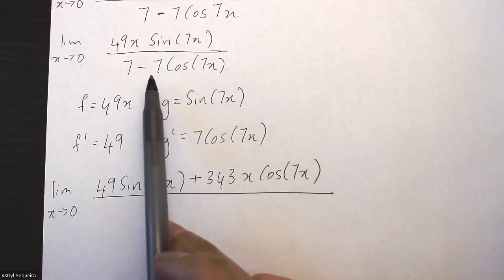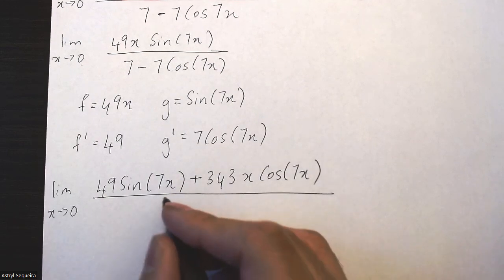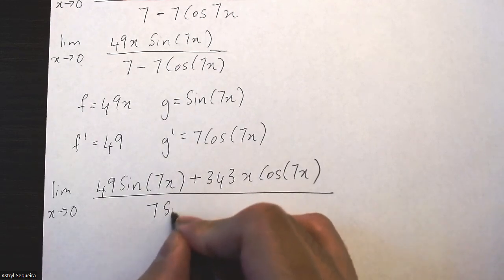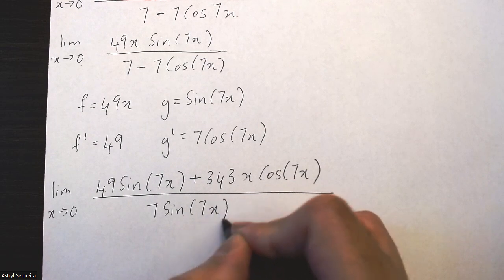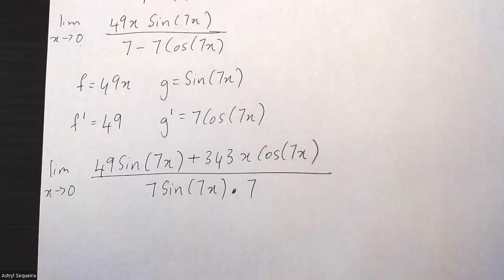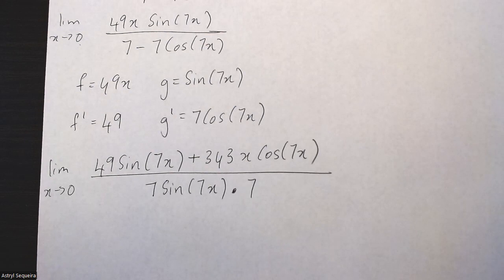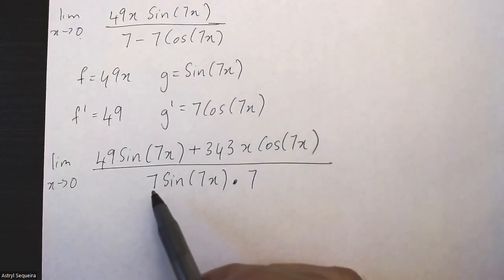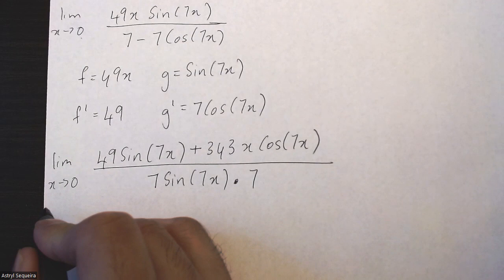The derivative of negative cos is basically positive sine. So 7 sine 7x, and then times another 7 for my chain rule. And I can just multiply these two, simplify this a bit.